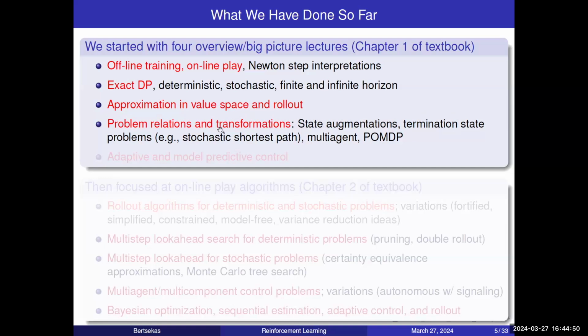For example, the stochastic shortest path problem involving multi-agent architecture structure, and the POMDP problem where some states are hidden and you need to infer. Another topic that we cover briefly is adaptive and model predictive control.